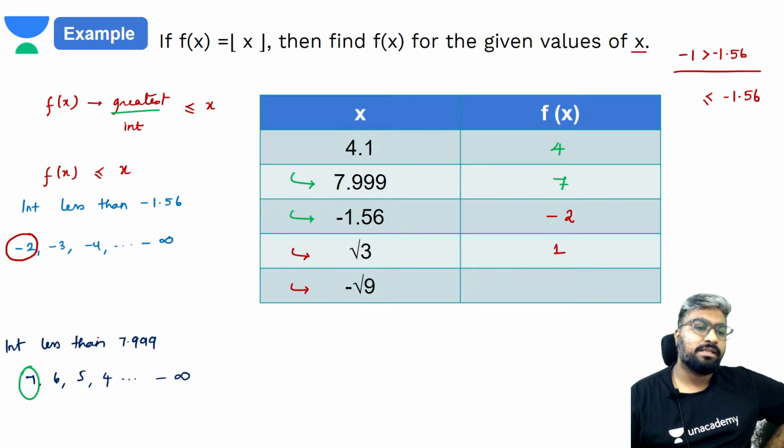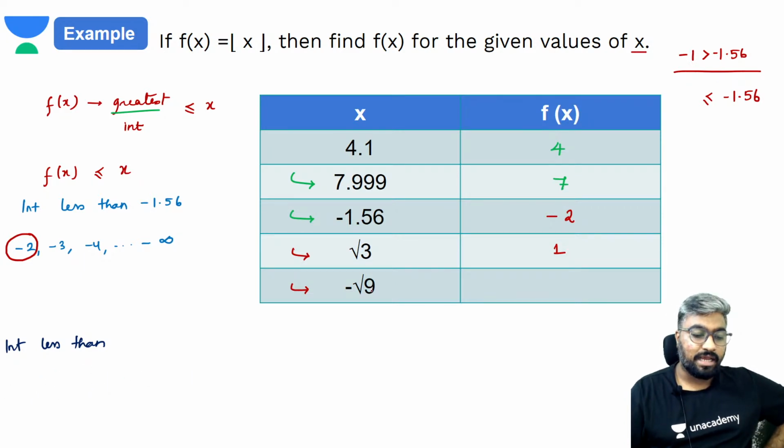What about -√9? We're looking for integer values that are less than -√9. -√9 क्या है? -3. Yes, but what do you have to keep in mind? Less than equal to. Yes, less than equal to, not just less than but also equal to.